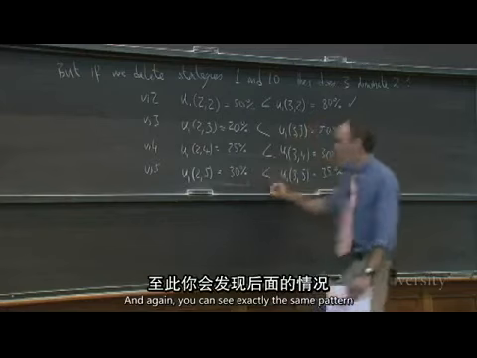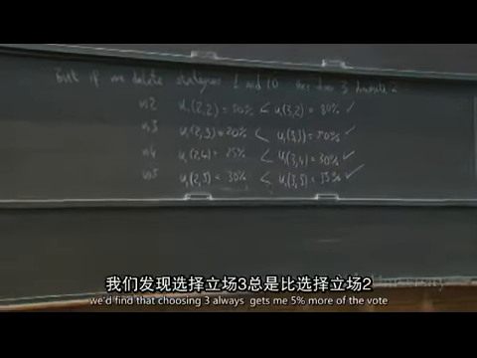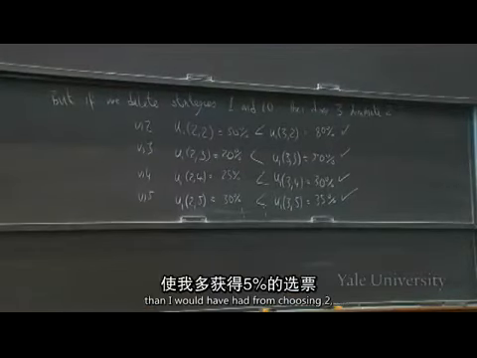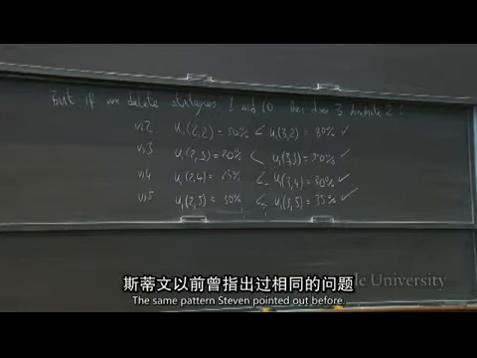You can see exactly the same pattern emerge. From here on down, choosing 3 always gets me 5% more of the vote than choosing 2 against any of these higher numbers. The same pattern Stephen pointed out before.